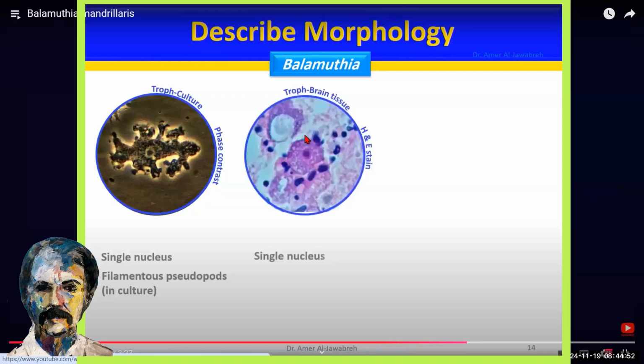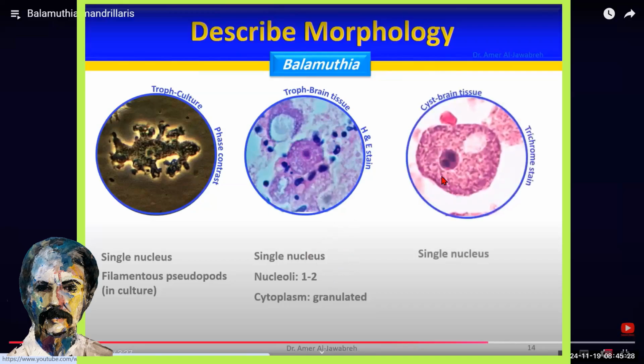So here we have the trophozoite, and we have here maybe white blood cells, and in the middle the nucleus with a large karyosome, compared to the filamentous form, which is usually seen in culture or maybe in the environment. Cytoplasm granulated here. That's a big one.